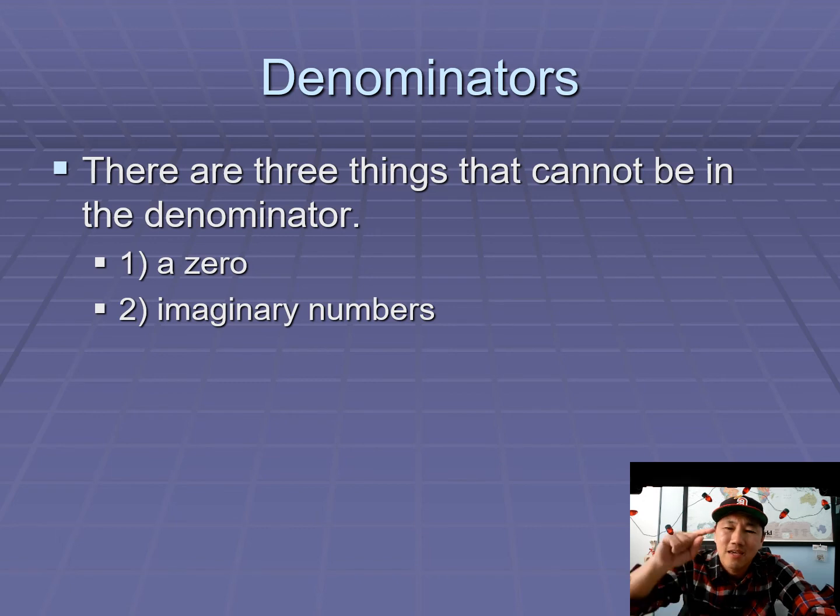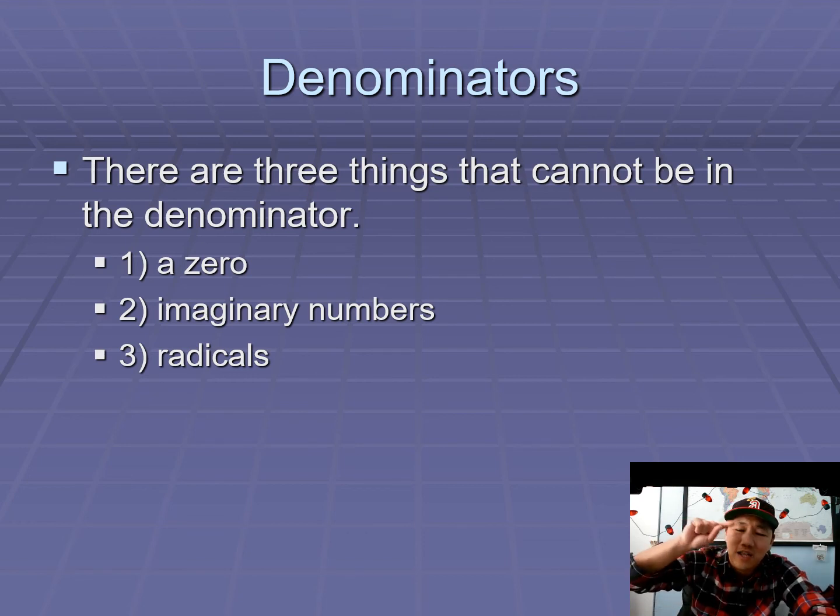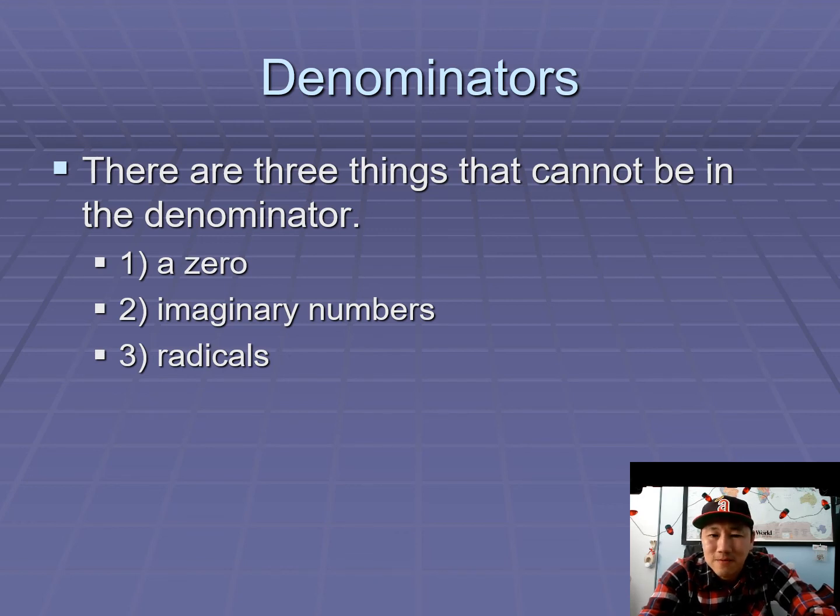We remember we rationalized it by multiplying the top and the bottom by the conjugate of the bottom. And now the third thing we can't have in the denominator is radical signs. So this next part I'm going to teach you how to rationalize it so that the denominator does not have any radical signs in it.